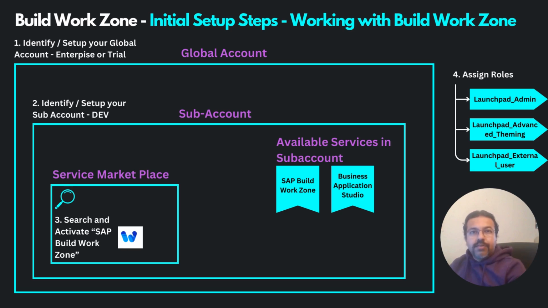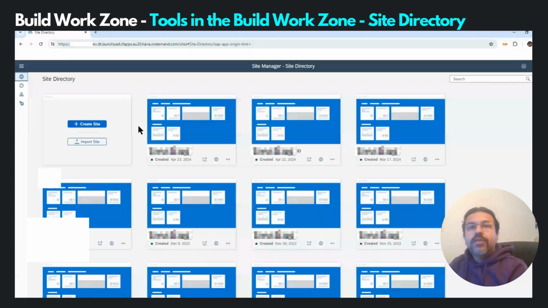So now we are going to take a closer look at the tools that are offered within the SAP Build Work Zone. The first tool that we are going to look at is called the site directory. Now the site directory allows you to create a new business site by using this button here, the create site. And once your business site has been created, you can then manage the administrative settings related to that particular business site.